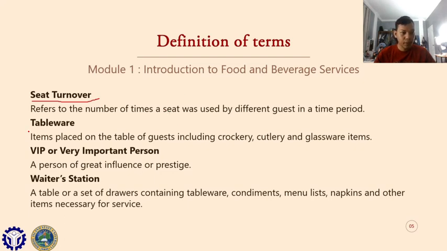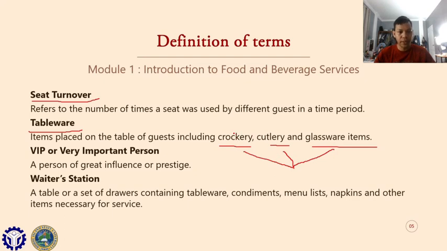Next is tableware. The items placed on the table of guests, including crockery, cutlery, and glassware. Again, there are three main things that will be put on the table: the crockery, the cutlery, and glassware.